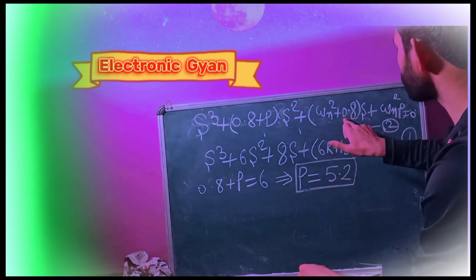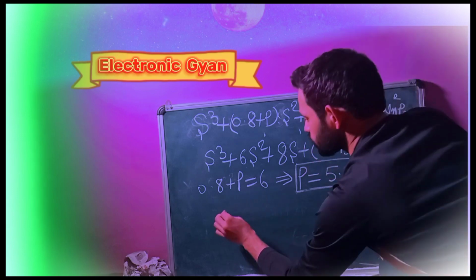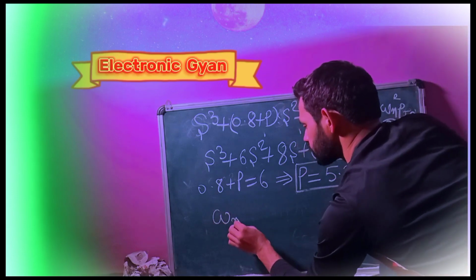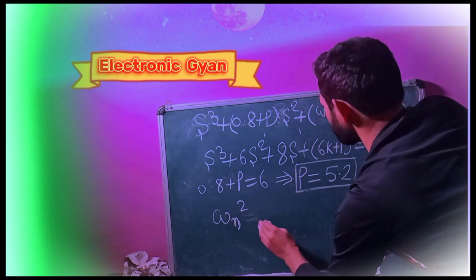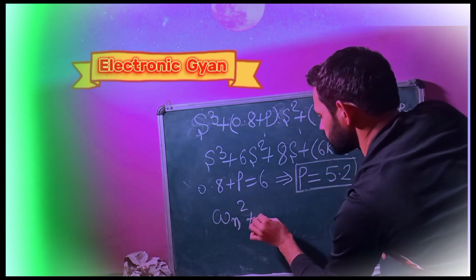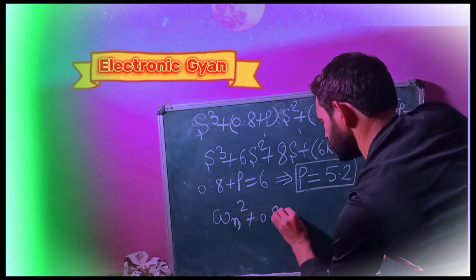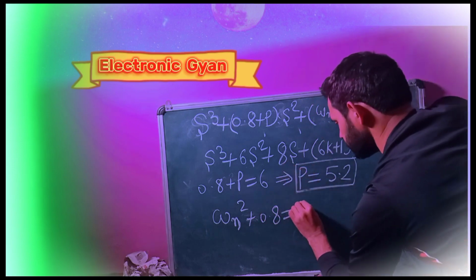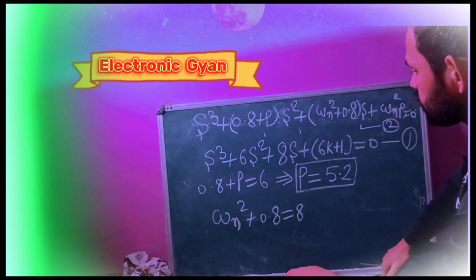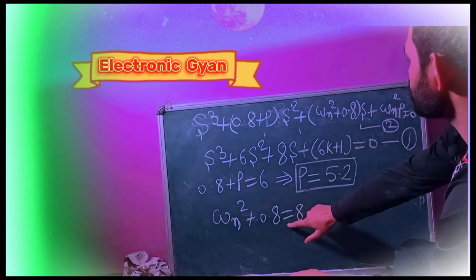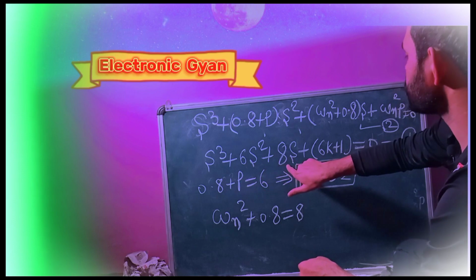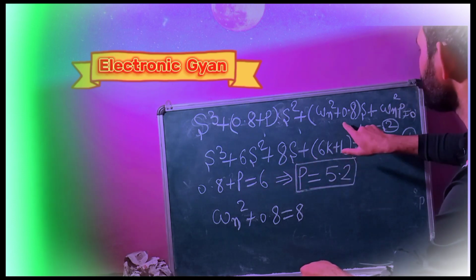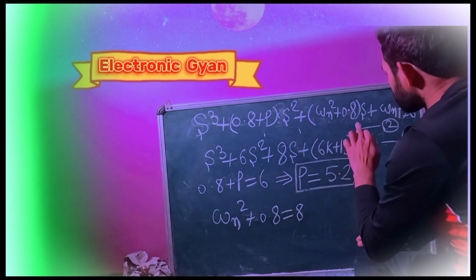Now we are going to compare the coefficient of s, which is omega n square plus 0.8, equal to 8. Yes, 8. So this is omega n square. S cube plus 6s square plus 8s plus omega n square p.